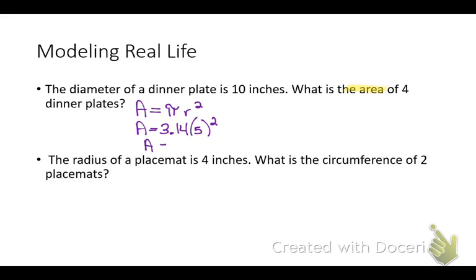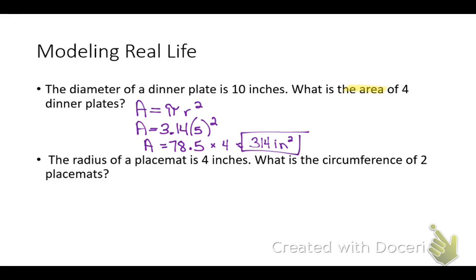Okay, so 78.5, but that's not the answer. That's only for how many plates? 1. So what did you multiply it by? 4, to get 314 inches squared, which would be the total for 4 dinner plates.